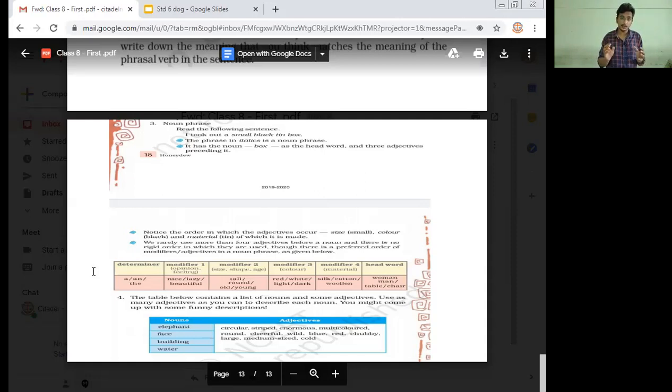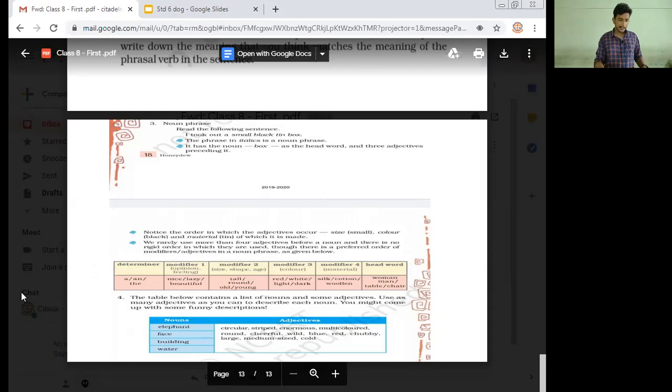If you have your textbook with you, you can find a box there in which the first column you can see determiner, that is a and the articles, and we can see modifier 1 in the second column. We can see the opinion or the feeling can be explained in that form, and modifier 2 in which the size, shape, age can be denoted.